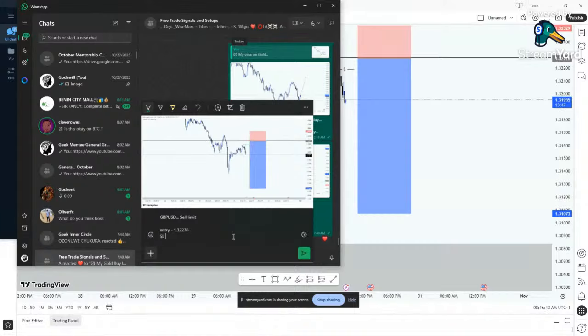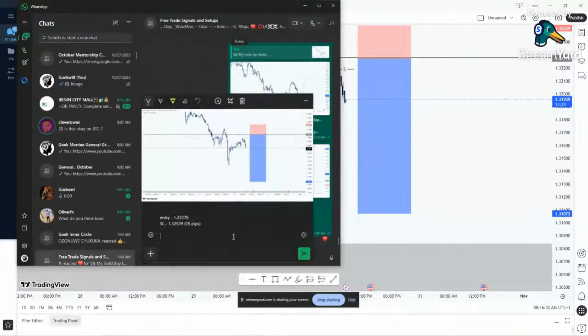Then the stop loss is about 1.32529, and this trade is given about 25 pips, so it's about 25 pips SL. Take profit, you're going to type it out from the image, so it won't waste time. Then it's for you to risk wisely.